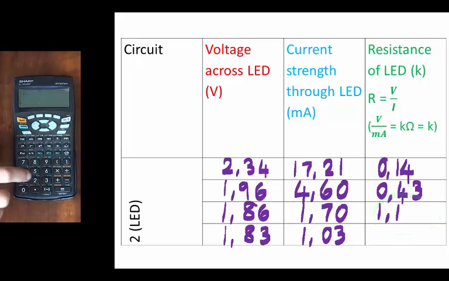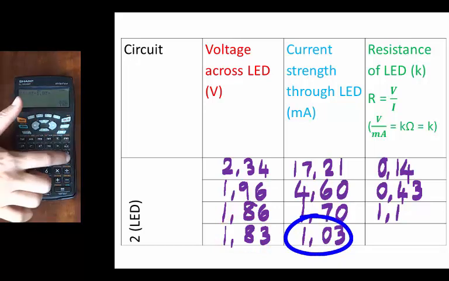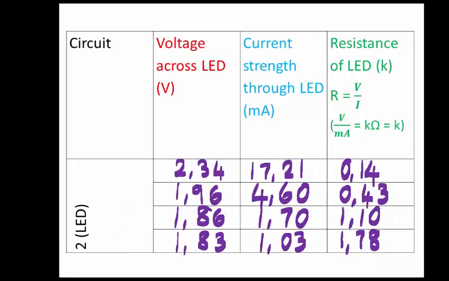Finally, 1.83 divided by 1.03 gives us 1,78 kilo ohms. So what can we see here?